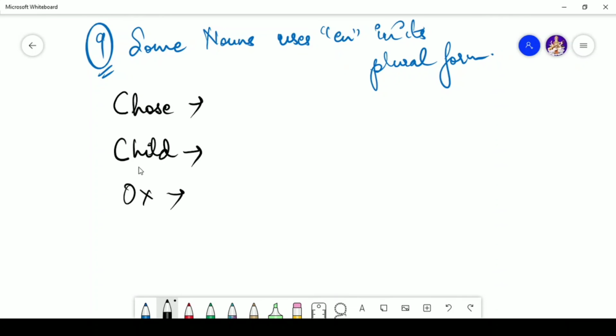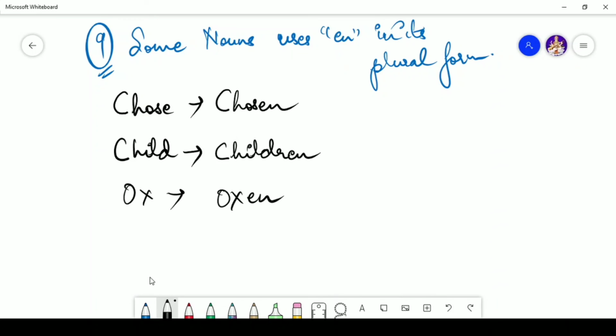In all of these cases, these nouns will just use en in order to change them into their plural form. So choose will become chosen, child will become children, ox will become oxen. So these are some of the nouns which just make use of en in their plural form.